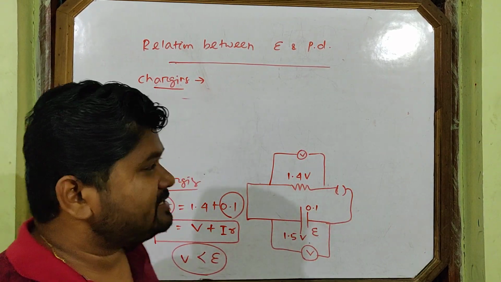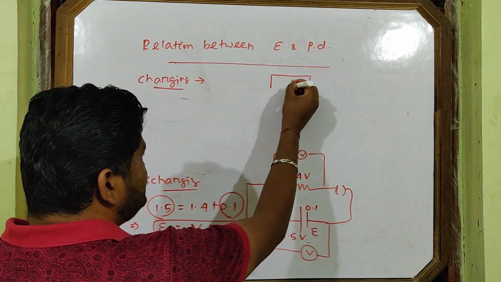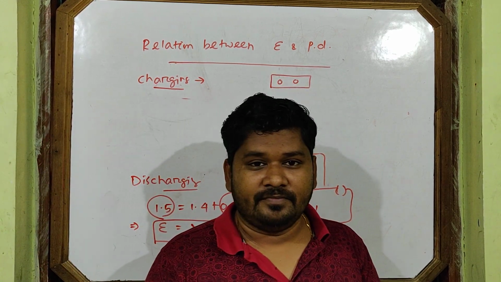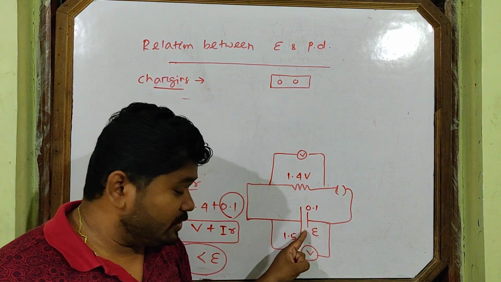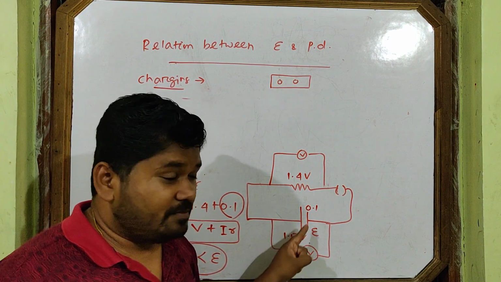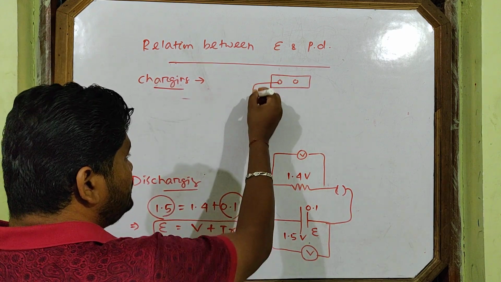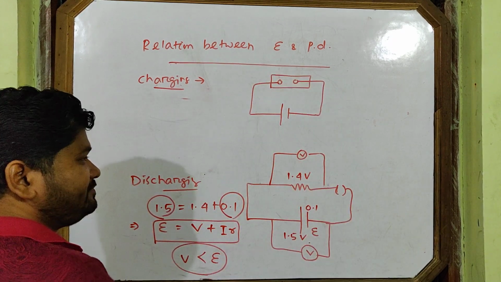Suppose in charging condition, you connect your cell to one external source. In discharging, your cell is the main hero, but here who is the main hero? External source. So you connect your cell to charge it.